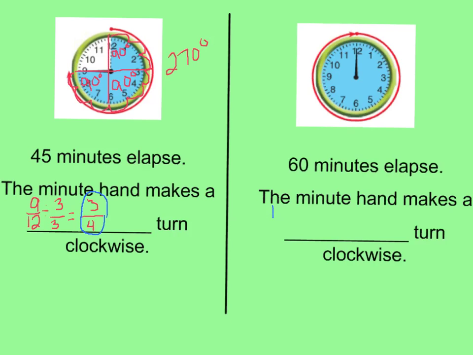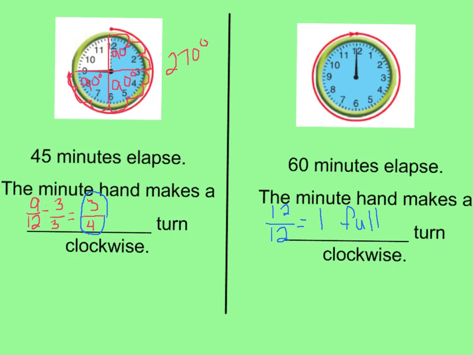So really 12 out of 12 parts are shaded. So 12/12 equals 1 whole. So I can say that the hands of the clock made a 1 full turn clockwise. It went the whole way around the clock clockwise.